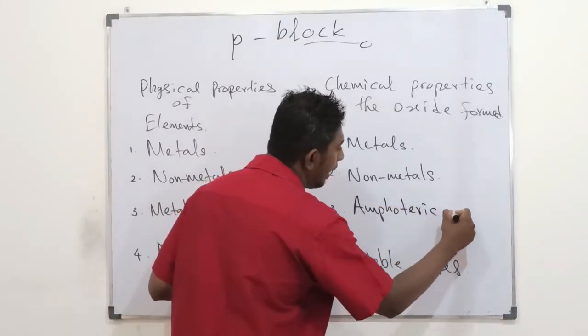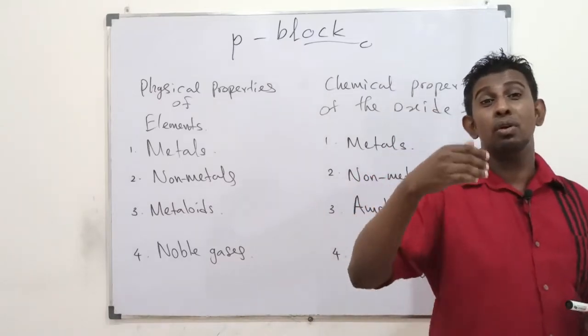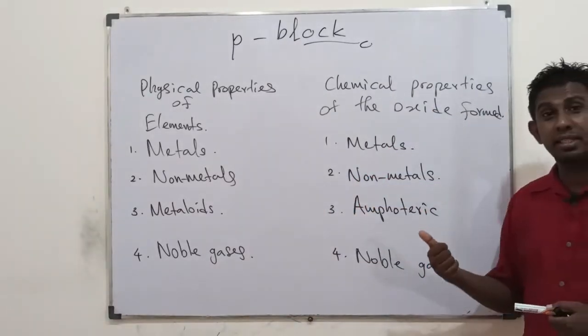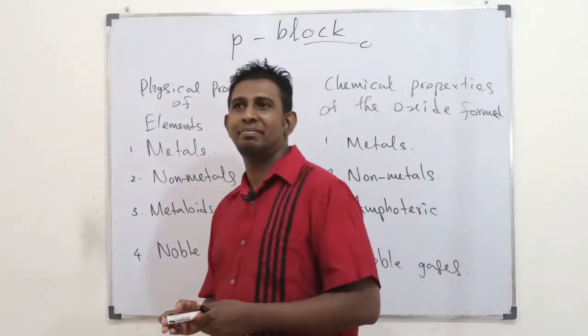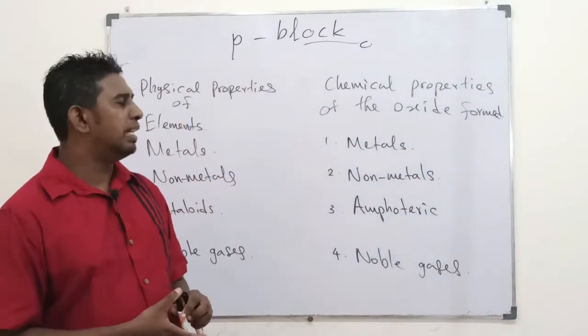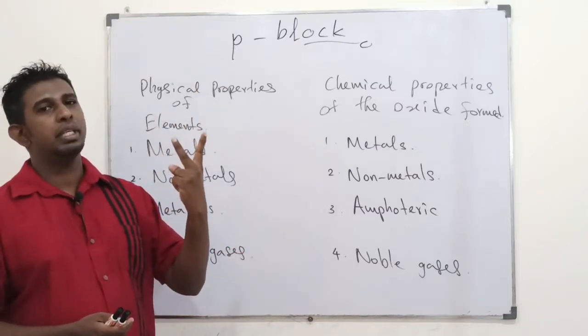Those elements which form all oxides with amphoteric characteristics are called amphoteric elements. Others are noble gases.